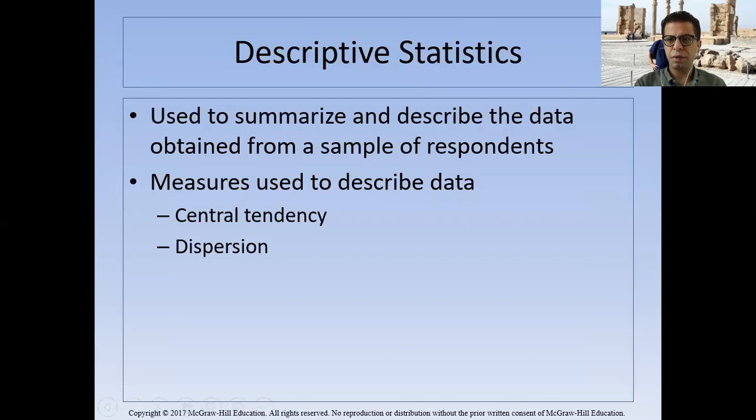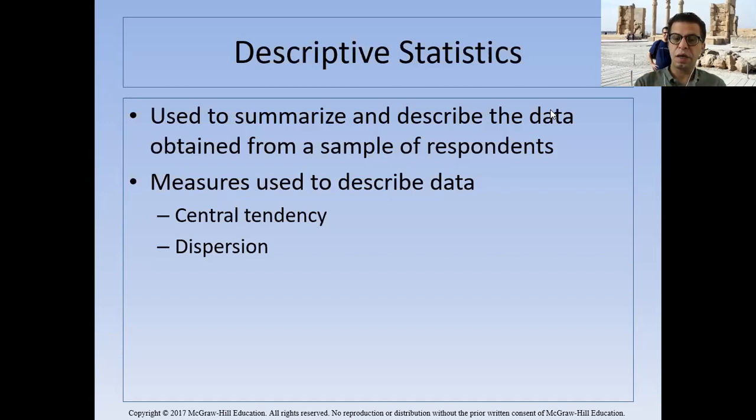So basically, descriptive statistics is used to summarize and describe the data obtained from a sample response. Here, you start looking at these numbers and converting them into something called central tendencies.